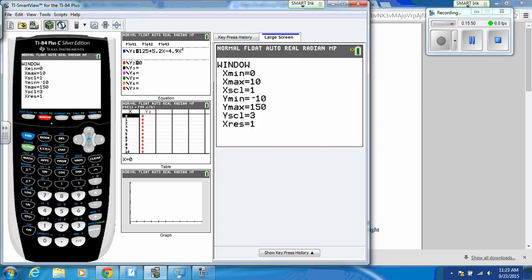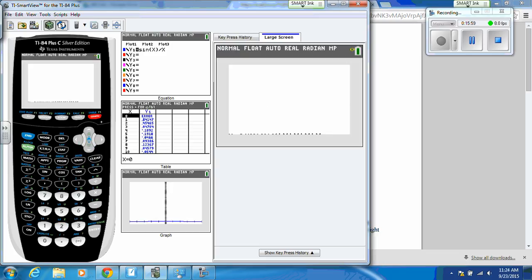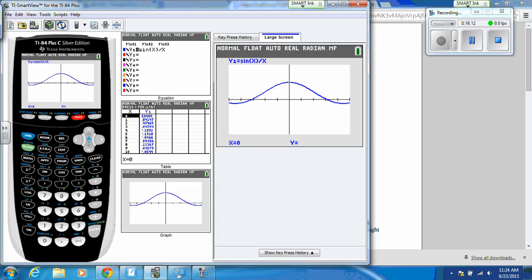Okay, I'll set my window size -5 to 5, and when I do, my graph goes like this. I hit trace, and somebody give me a good x value to try. Notice that when x is 0, y doesn't exist. Somebody give me a good x value to try. 0.001.